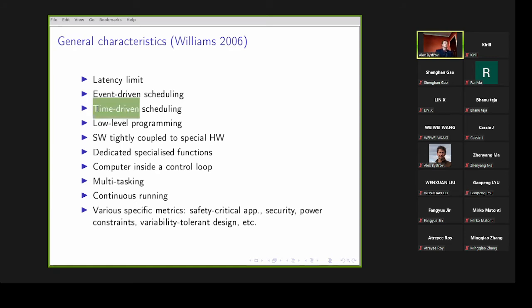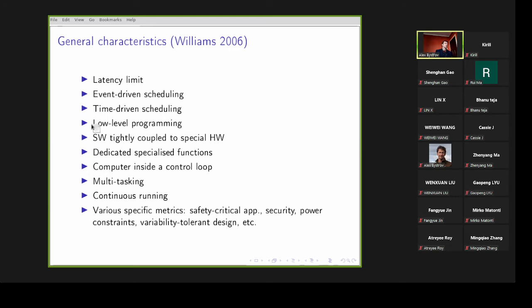Time-driven is virtually the same, with the difference that the wire is not connected to an outside sensor, but to the internal timer. Based on this timer, the system wakes up, usually periodically, every millisecond for example, and does the job. It could be once a second, or whatever it is. So the difference is that event-driven means external inputs, and here you have internal.